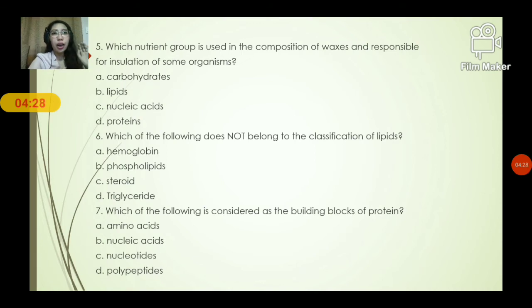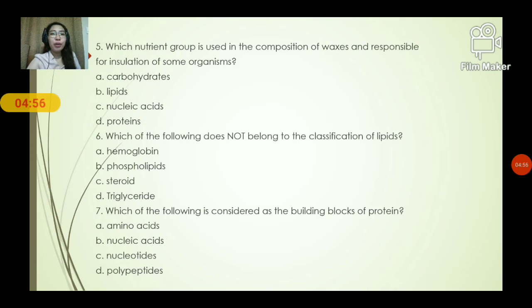Is it A, the carbohydrates, B, the lipids, C, nucleic acids, or D, proteins? Okay, for question number 6, which of the following does not belong to the classification of lipids? A, the hemoglobin, B, the phospholipids, C, steroid, or D, triglyceride?